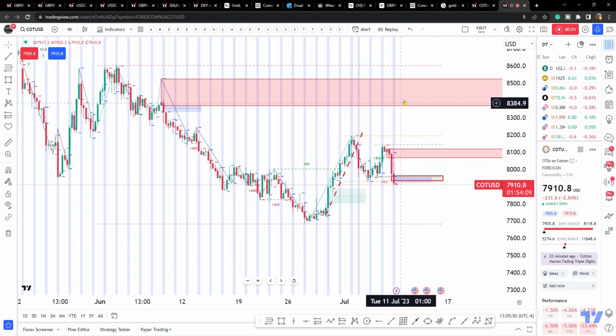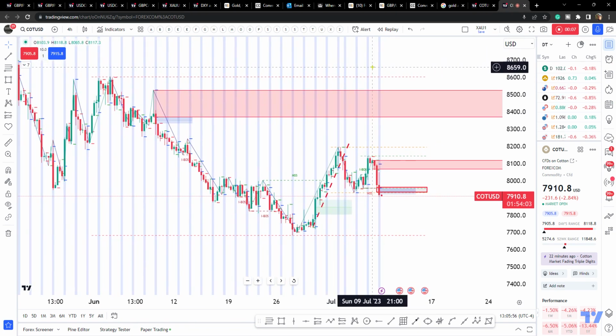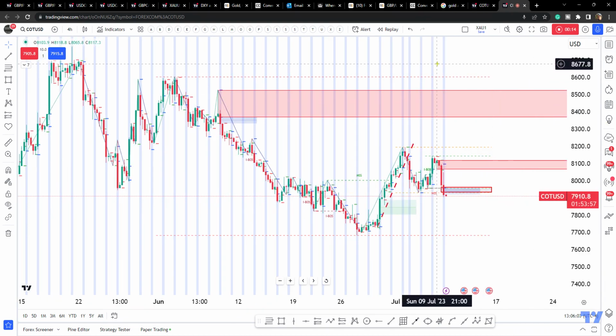So using the CFDs on cotton, the same principles apply to market structure on any asset really. Each one will have its own characteristics in terms of the way it moves and how it respects supply and demand areas and so on.